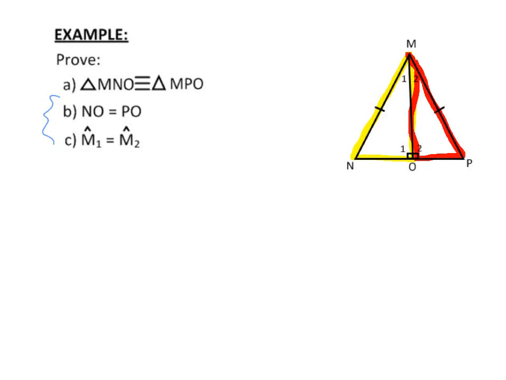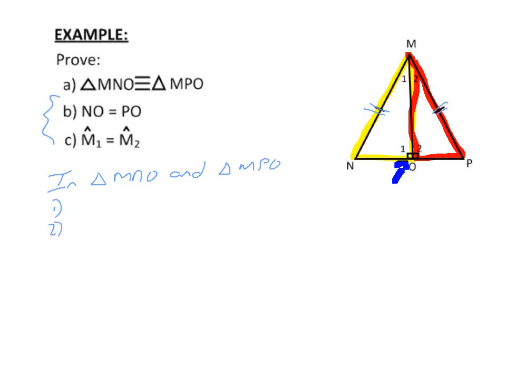We know that because of this little sign over there that shows me it's a right angle triangle. So, in this right angle triangle, this side opposite the right angle is equal to that side that's also opposite the right angle. So, before I go any further, in triangle MNO and triangle MPO, I want 3 things.